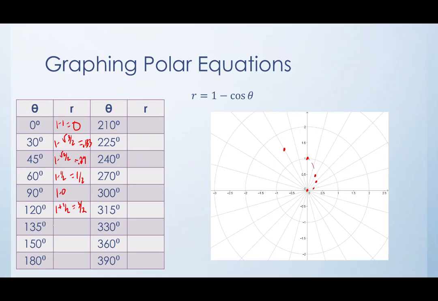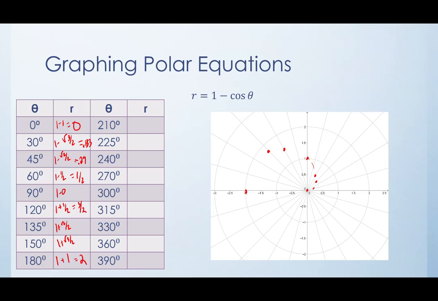At 135, it's 1 plus root 2 over 2, which is going to be about 1.707. So we go around 135 and eyeball it around there, right? Then 150 is 1 plus root 3 over 2. And of course, 180 would be 1 minus negative 1, which is 2.